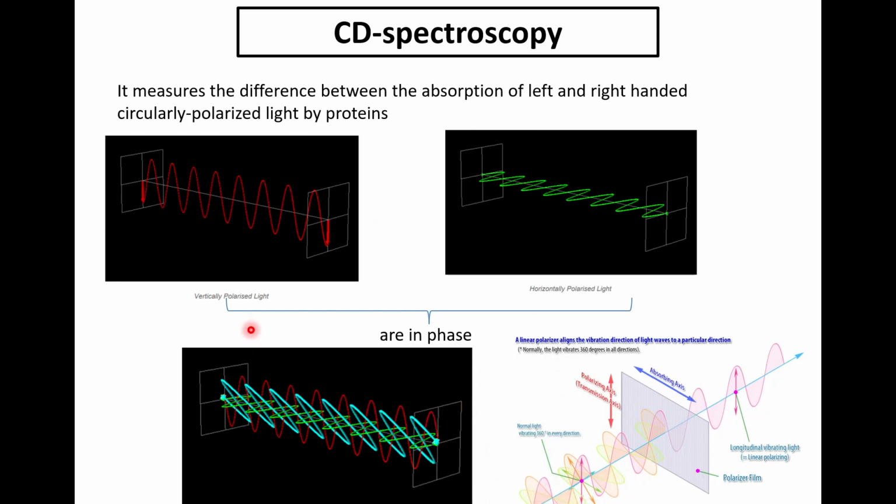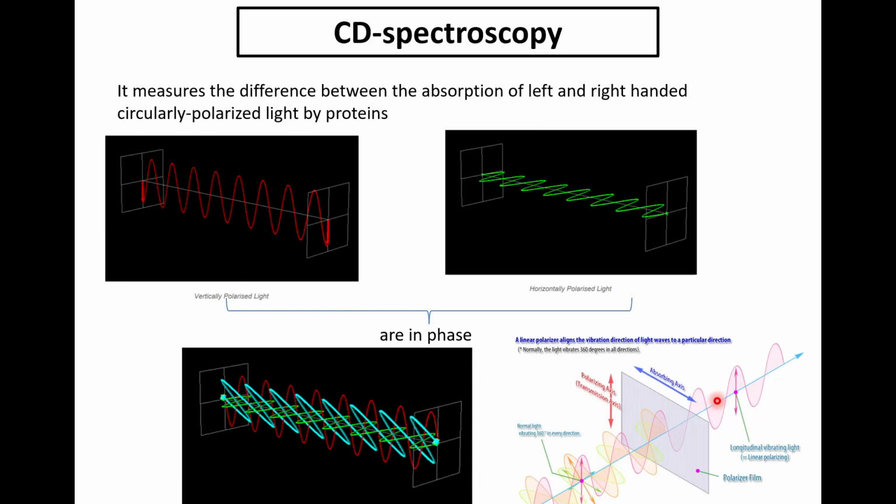But this electromagnetic wave, when passed through a polarizer, will allow only a particular linearly polarized wavelength of light to pass through it, and others will not be allowed, just like you see here. So you have these different propagation directions in 360 degrees, and each one was cancelling one another, and you were not getting any polarized light.